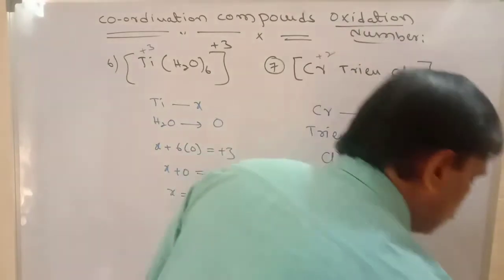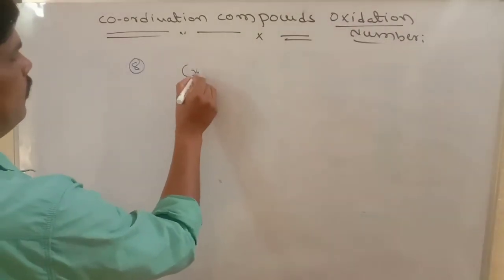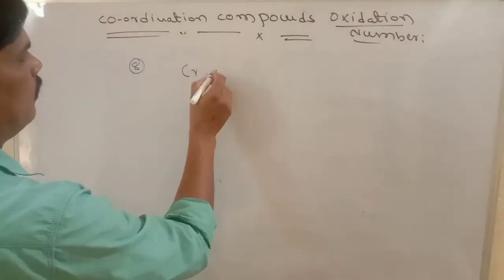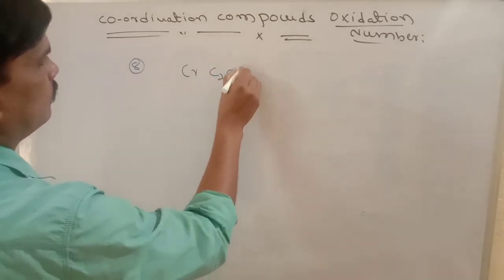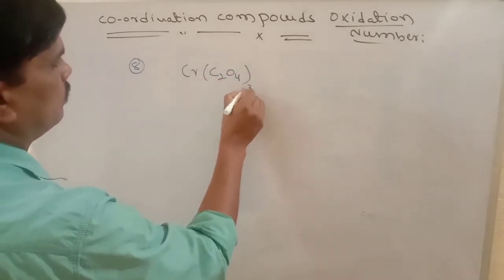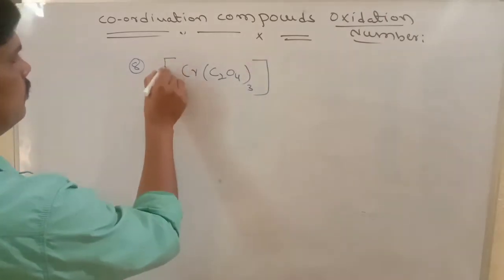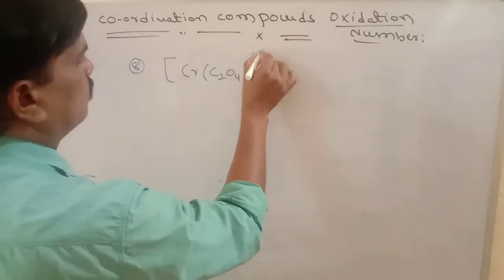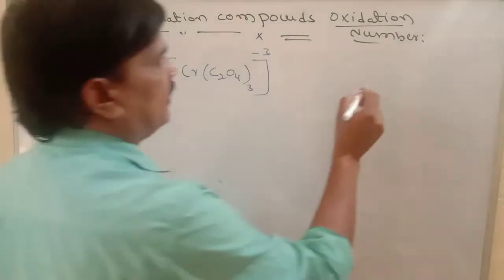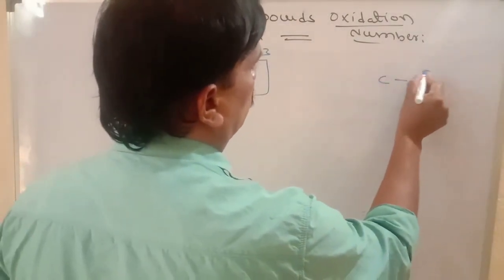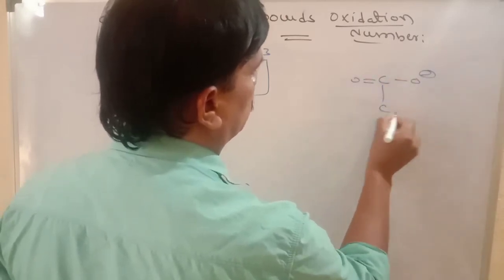So many examples are there. For example, this is oxalato, the structure of oxalato.